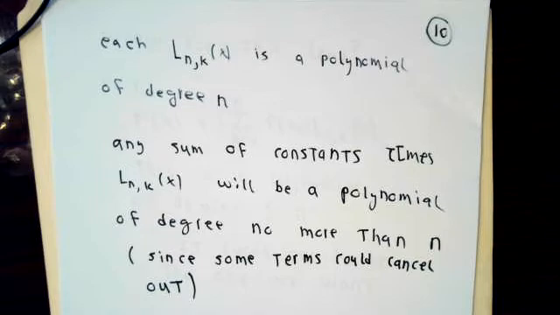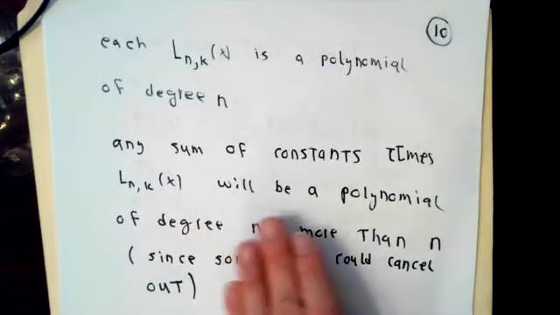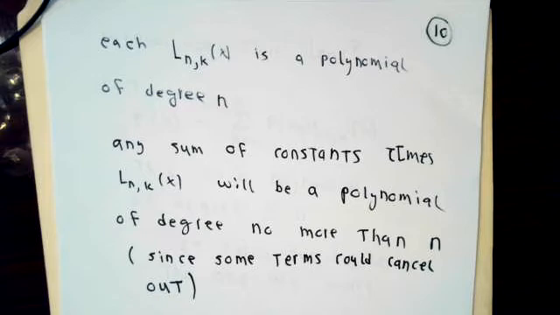If you were to multiply such polynomials by numbers and then add or subtract them, there's no way for the power to get bigger than n, but because some terms could cancel out, it's conceivable that a combination of constants times these Lagrange polynomials could be of degree less than n. That could happen. So any sum of constants times these Lagrange polynomials will be a polynomial of a degree no more than n.